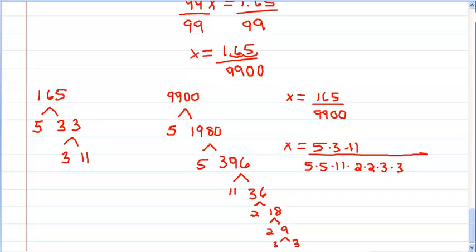We only want the prime numbers. 5, 3, and 11 cancel, and I'm left with x equals 1 over 5 times 2 is 10, times 2 is 20, times 3 is 60. So x equals 1 over 60.